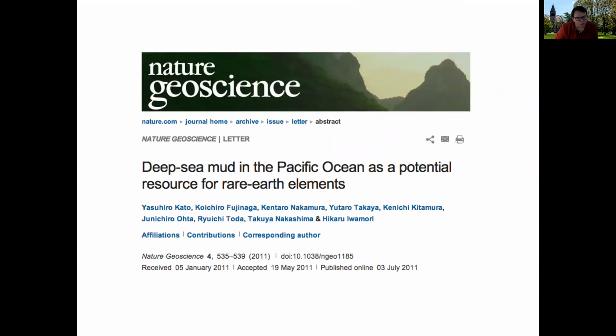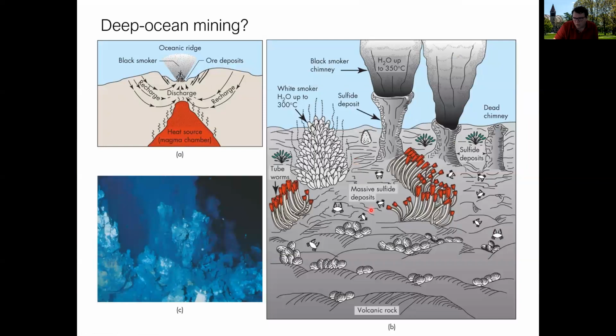There are efforts ongoing to look for other areas of rare earth elements. One of the areas that's been looked at is deep sea mud from geothermal and hydrothermal vents. The deep sea mud is one of the few places that can actually concentrate these rare earth elements at relatively high levels. They're on what's called manganese nodules. So basically, there are the hot smokers. These are in divergent plate boundaries, right?